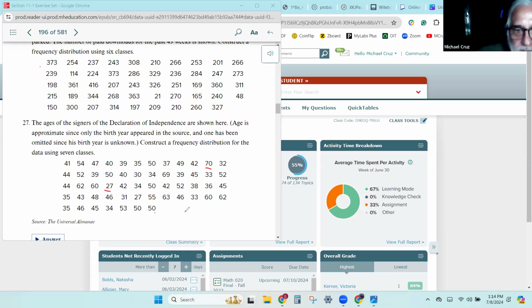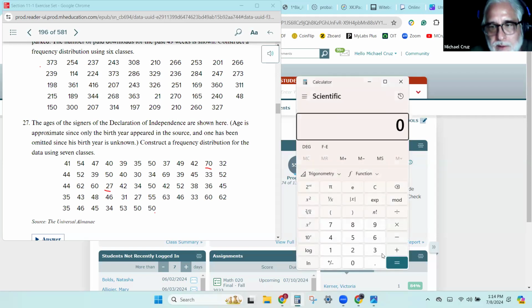You think that's the lowest one? I think you got it. There's two 27s, but yeah, those are the lowest ones. As long as that's the lowest one, it doesn't matter about the number. What we want to do is just make sure that we start low enough to get all of them. So let me just show you, this is what I can do. You don't have to worry about this because, like I said, they usually give you the classes.